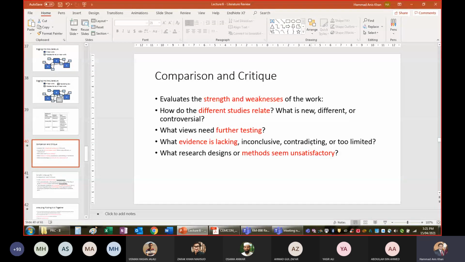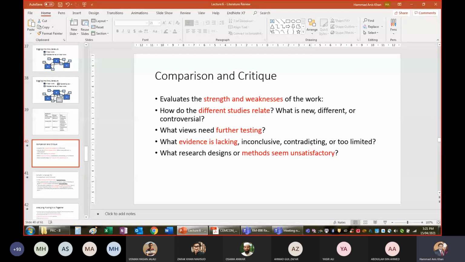It is always important that when you are critiquing, you should highlight the positives of a research as well. You should not say that everything is wrong in this research paper. Since it has been published, it has some strengths. So target the strengths as well. But you have to decide whether the strengths are more or the weaknesses are more.